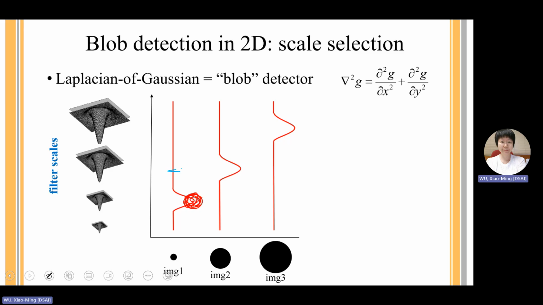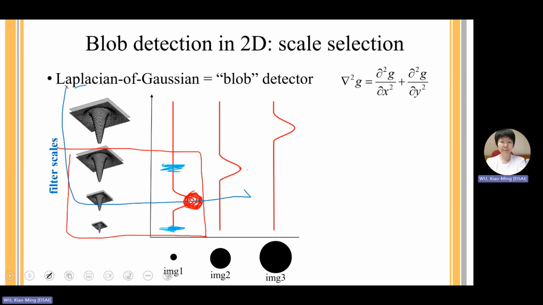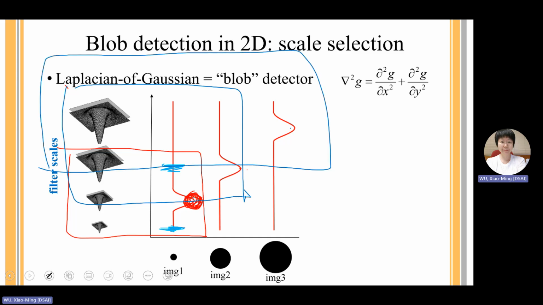For the smaller filter or the larger filter, their response will be lower than its current response. So it's enough to look at 3 response maps. Similarly for this filter, it's also enough to look at 3 response maps, and for this one, three response maps.